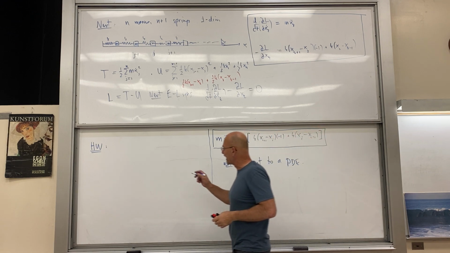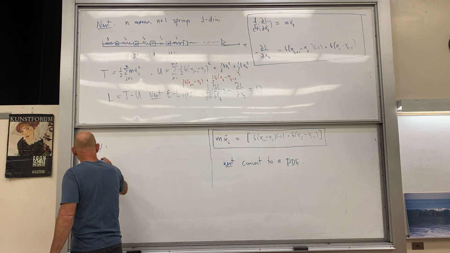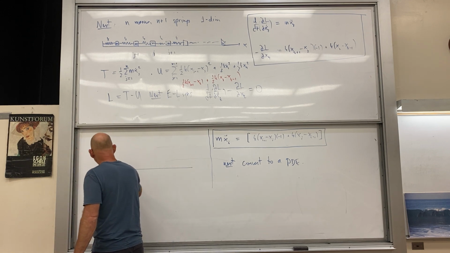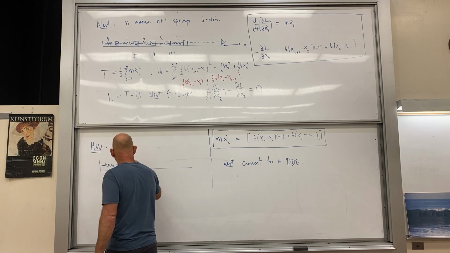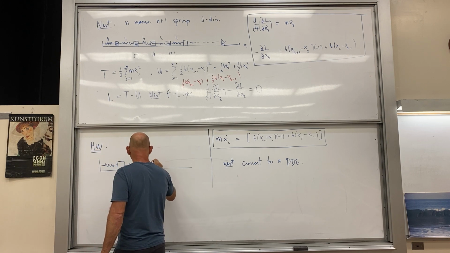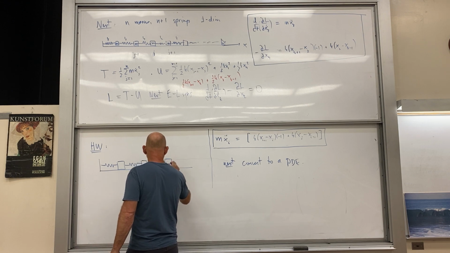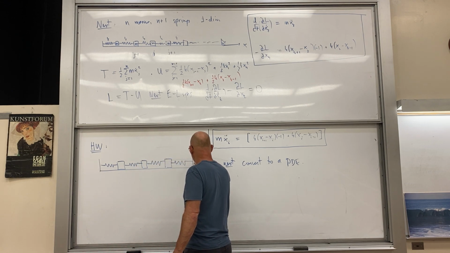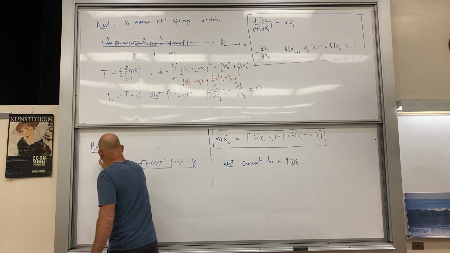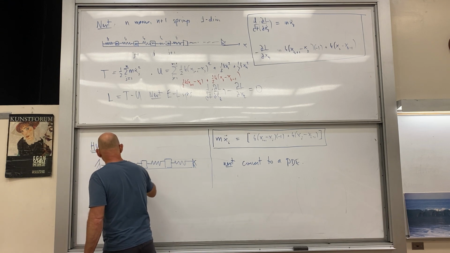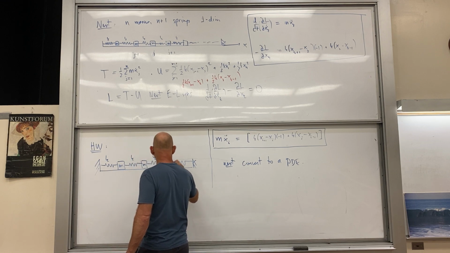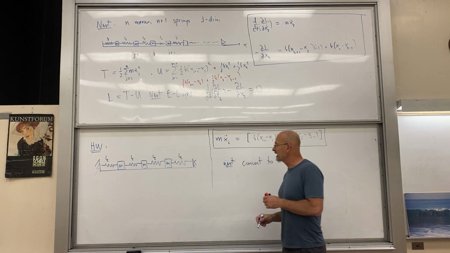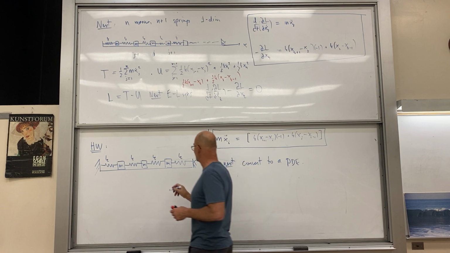But some systems can be done, and it turns out that the system with 3 masses and 4 equal springs can be done. So I'm going to assign this one and say a couple words about it. So we have K, M, K, M, K, M, K, K. So 3 masses, 4 springs.